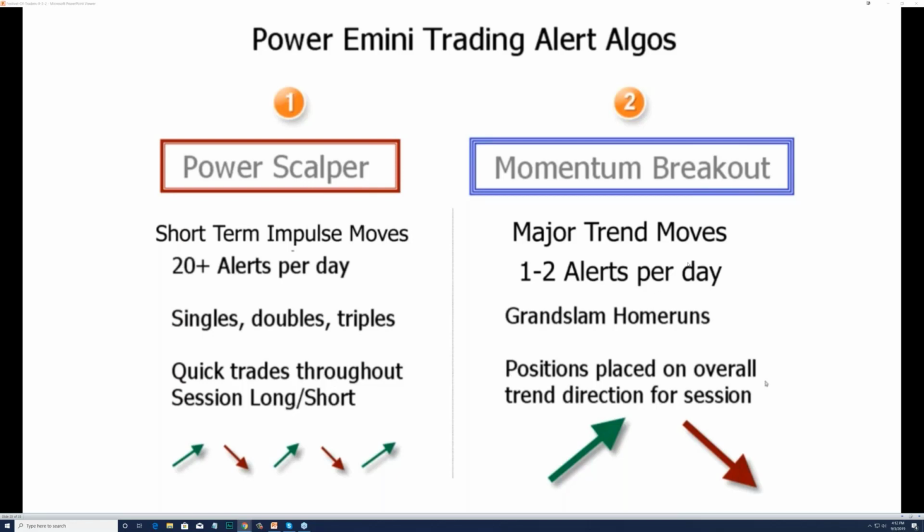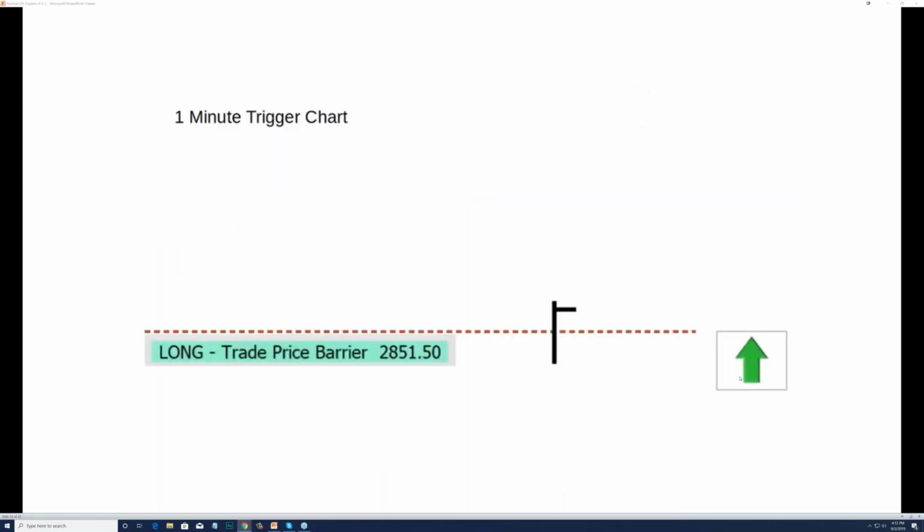Then we have another type of algo called the Momentum Breakout, and it's trying to give you the major alerts of the day to catch the big long range days. So you attempt to get a position early on, and then you try to stay in that position for as long as possible.